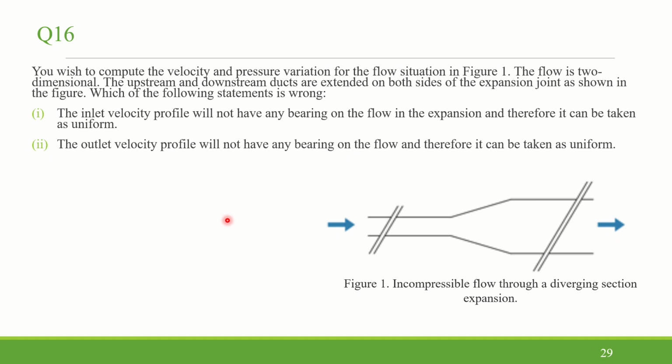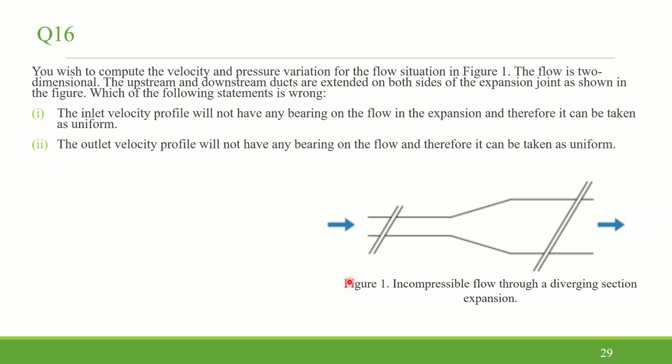It is like an extended section as well, and the inlet velocity is in no way impacted because of the expansion. So whatever water is coming, it is coming, but this particular expansion joint is not creating any impact on the inlet velocity. The inlet velocity profile will remain the same, and therefore it can be taken as uniform. So the first statement is actually a true statement.